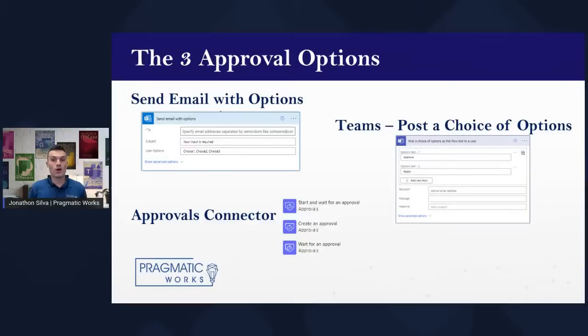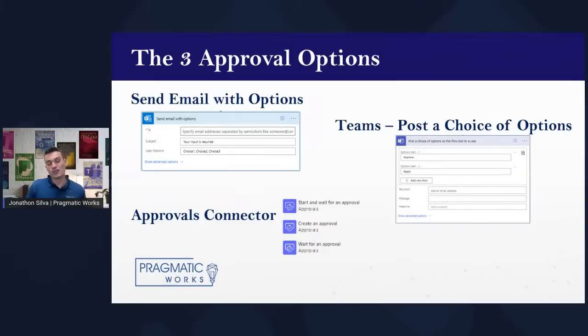Now, if you're not really sure where your user is going to interact, where maybe they don't check their email all the time, or we know we definitely don't use Teams, the approvals connector built into Power Automate is your blast the approval to every last location and hope they interact with it in one place or another. Using the approvals connector, you can see there's 3 options that we can take when we get in there.